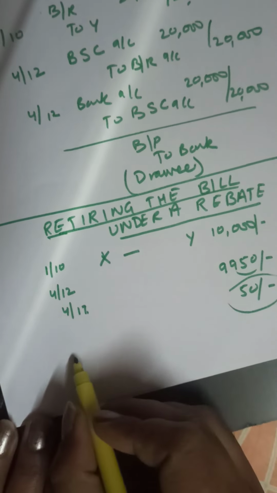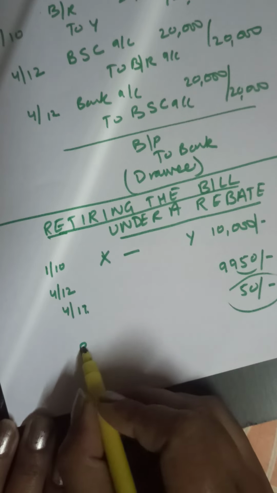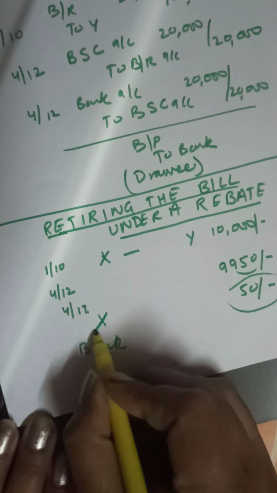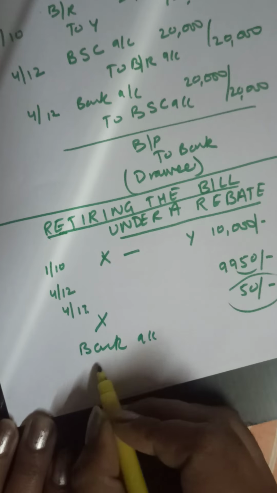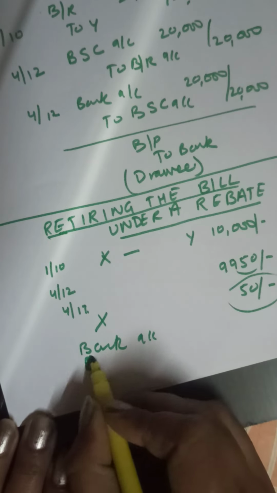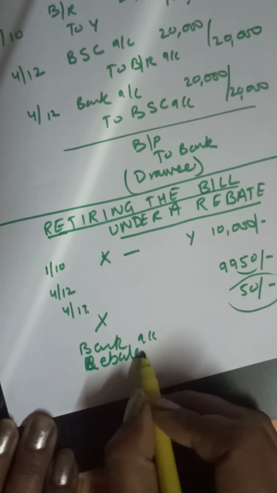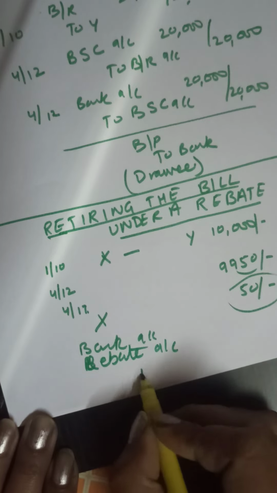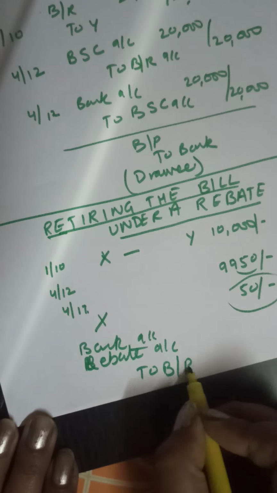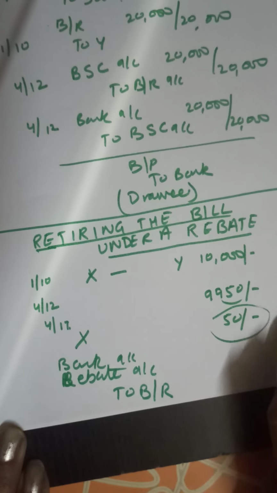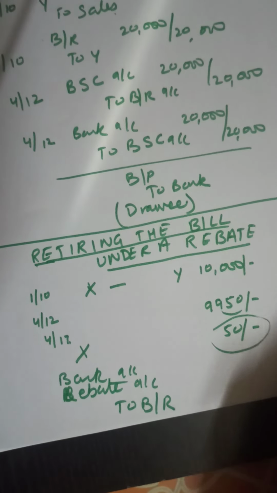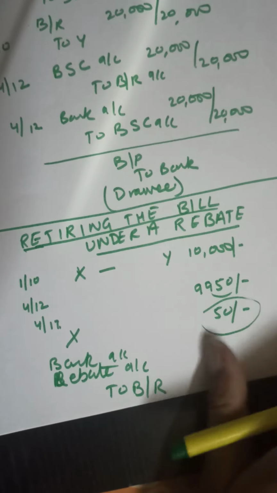The entry in the books of X, the drawer: bank account. He is allowing the rebate, and this rebate is an expense for him. Rebate account to BR. I'll take the books of Y on a fresh page.